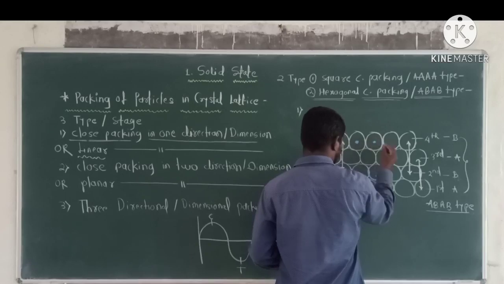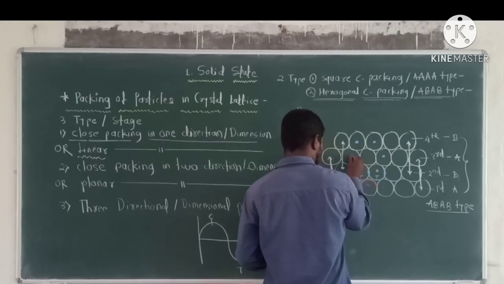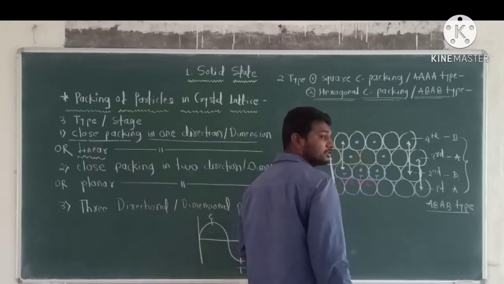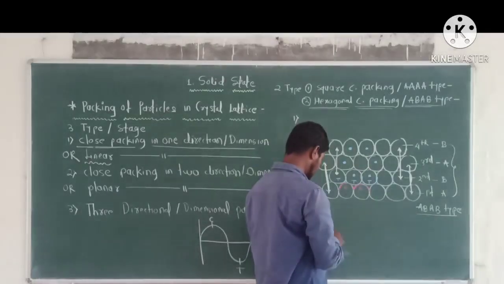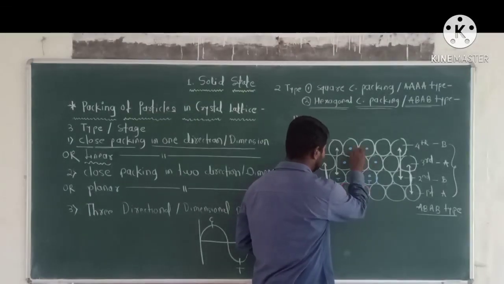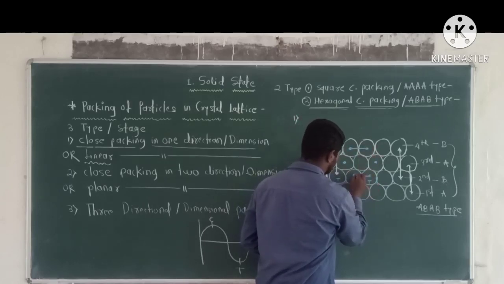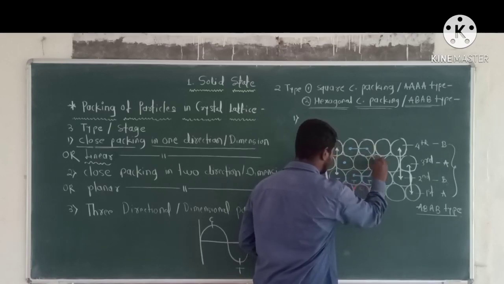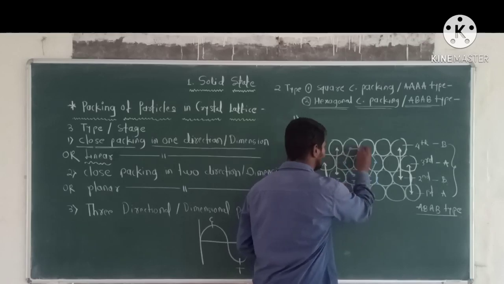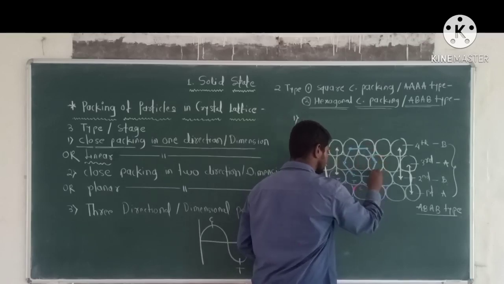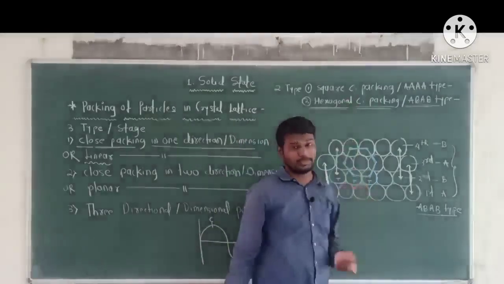This is the center of this constituent particle, this is the center of this constituent particle, and so on for all six. These constituent particles are neighbors, and the centers of these 6 neighboring constituent particles are joined to form a hexagon. Therefore this type of packing is called hexagonal close packing.